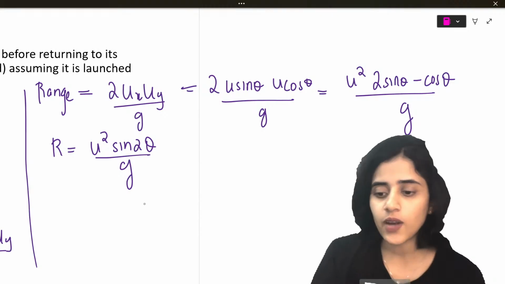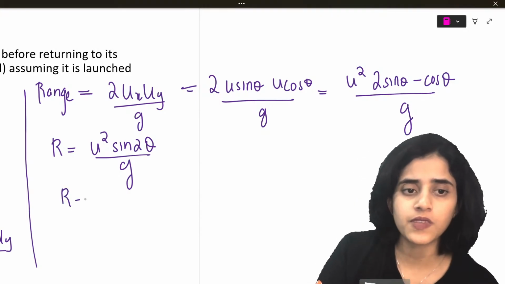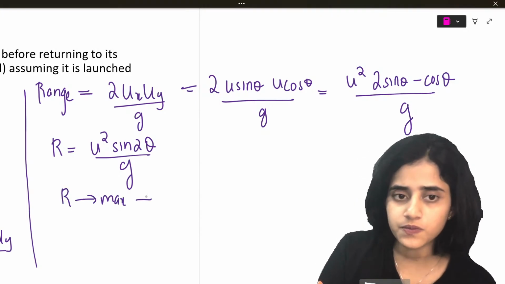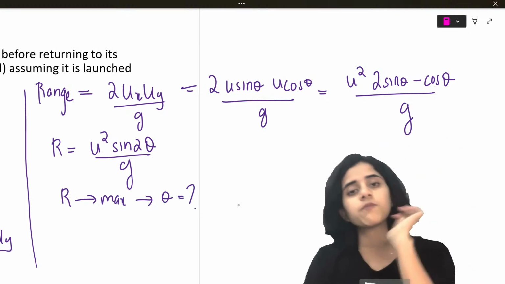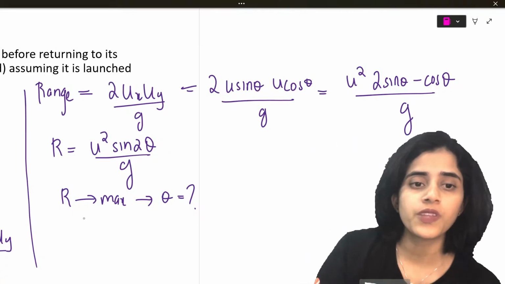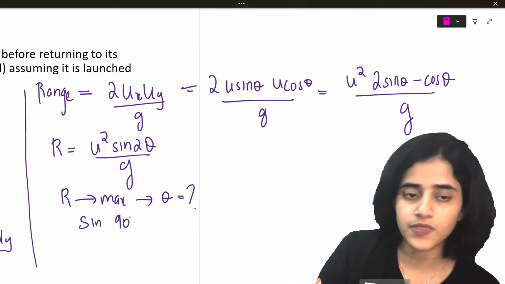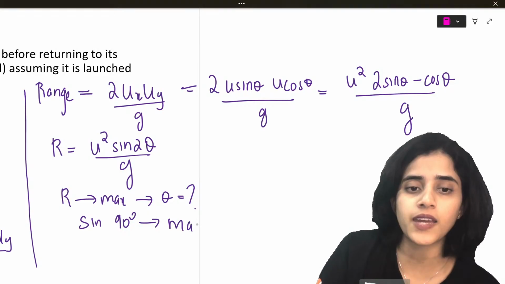Now, when is R maximum? R is maximum when theta is how much? That's very important, students. Sine is maximum when the angle is 90.